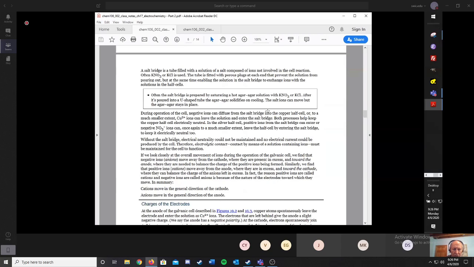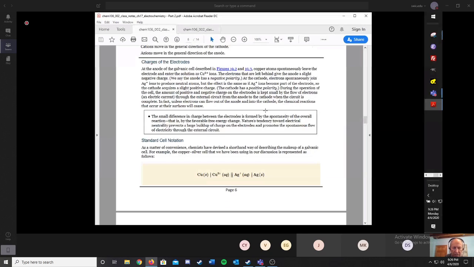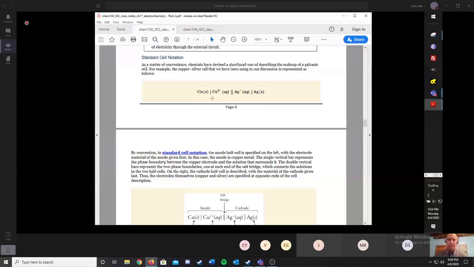So we have a standard notation used for cells like this. It consists of 4 parts. It's the 2 half cells. In this case, the copper's on the left, silver's on the right. So we have anode, and then these 2 hash marks stand for the salt bridge or the separator. And on the right, we have the other side.